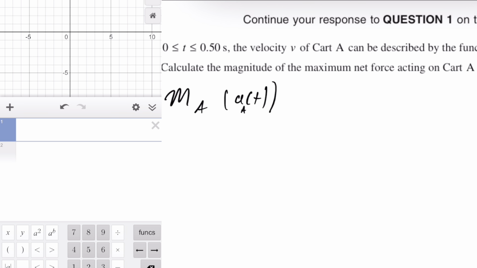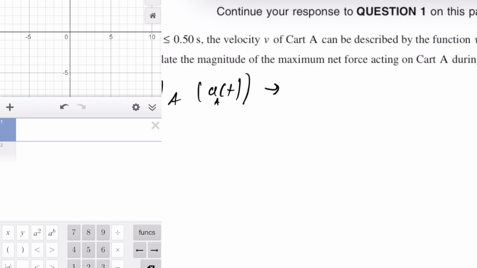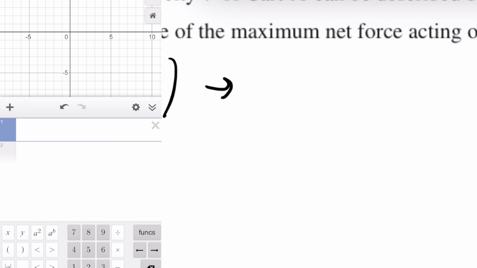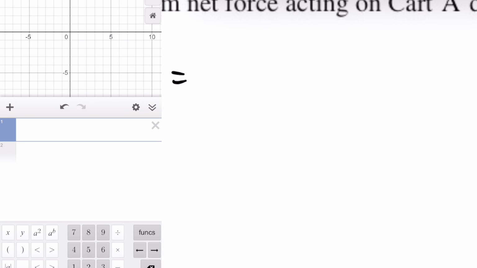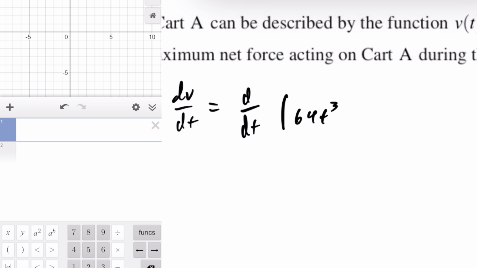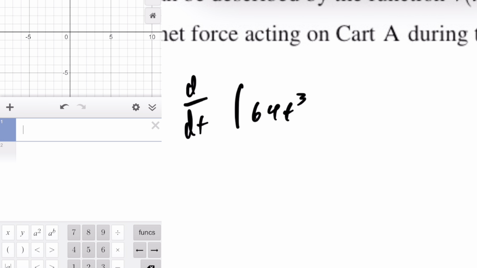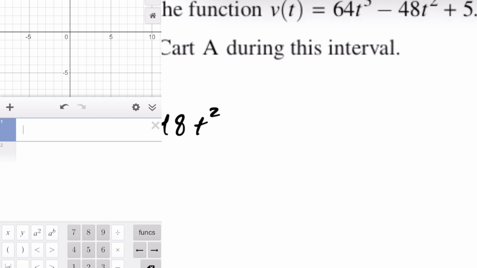So how do we get the acceleration of A? Well, acceleration of A is dv/dt, which is the derivative of v of t. So v of t was 64t to the third minus 48t squared plus 5.